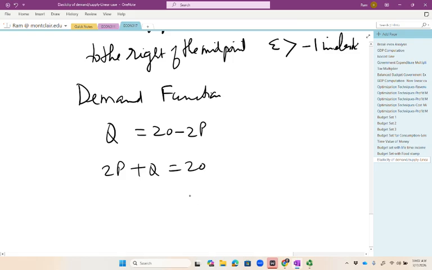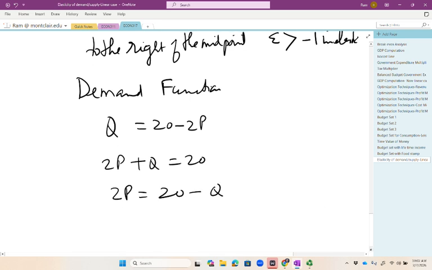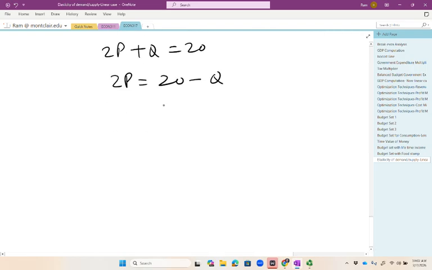But then I need Q to be on the right hand side. So 2P is 20 minus Q. The sign changes as the term moves from the left to the right.